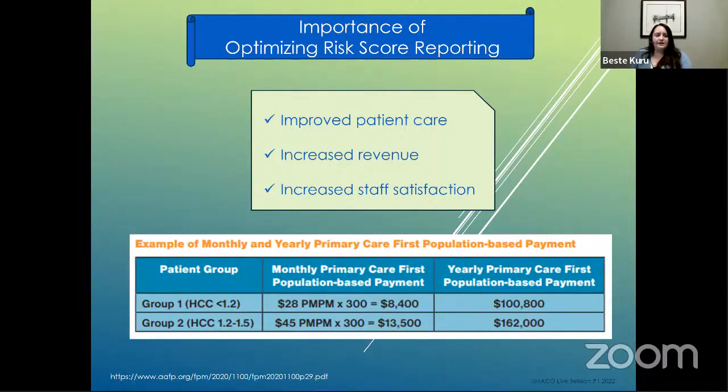You can see yearly, this primary care population base payment is at around $100,000 versus the second group, where we are assuming they more appropriately captured the risk of their patient population, and the payments they receive for the same population actually comes up to $160,000.